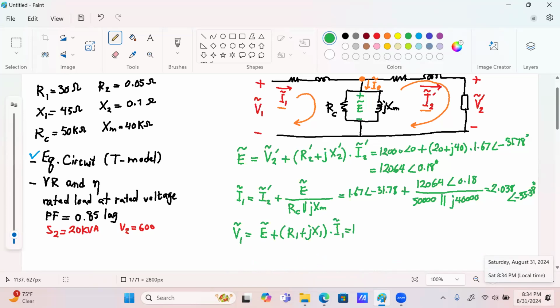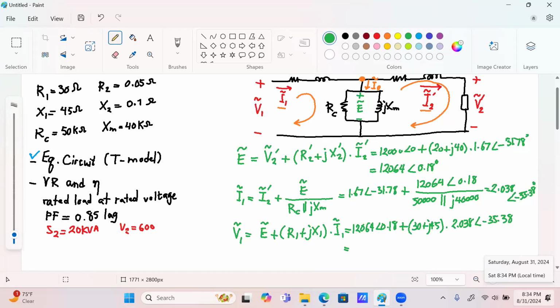So that's going to be 12,064 with angle 0.18 plus R1 and X1 are 30 and 45. So 30 plus j45 times I1, which I calculated as 2.038 with angle negative 35.38.